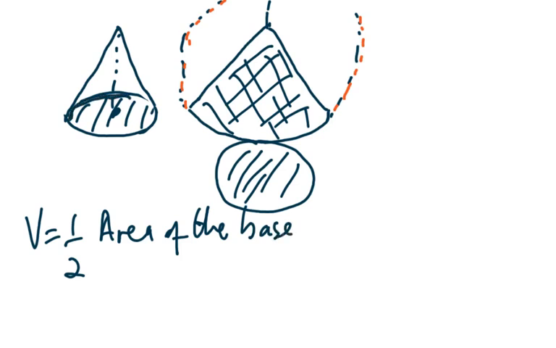We know that the base of any cone is a circle, so it's pi r squared. It's 1/3 pi r squared. 1/3, not half, sorry, 1/3.